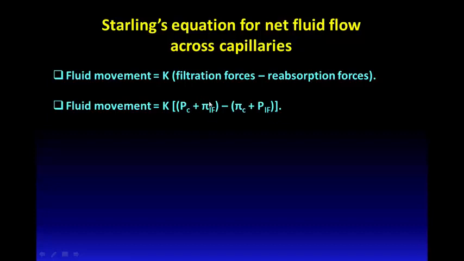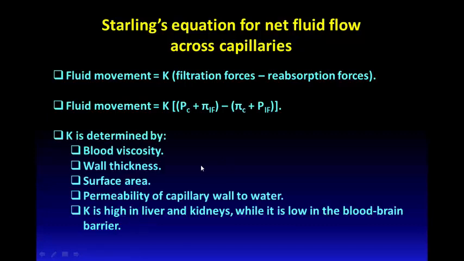These are the filtration forces, which are the capillary hydrostatic pressure plus the interstitial fluid osmotic pressure, and these are the reabsorption forces, which are the capillary oncotic osmotic pressure plus the hydrostatic pressure in the interstitial fluid.